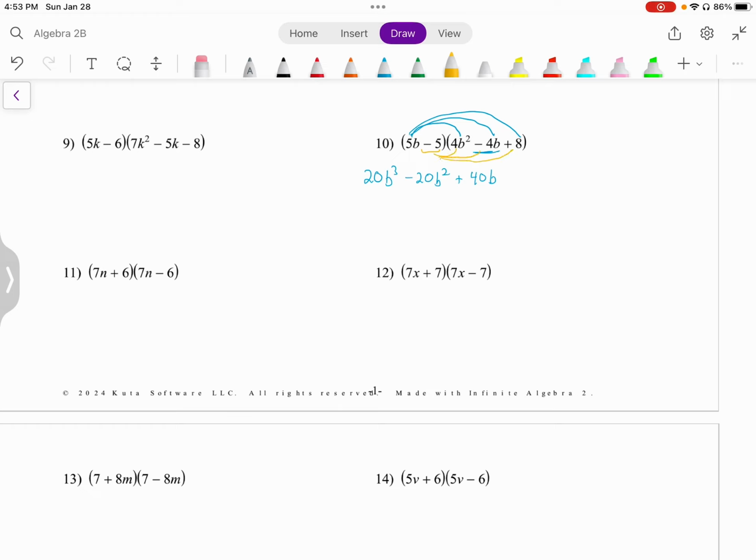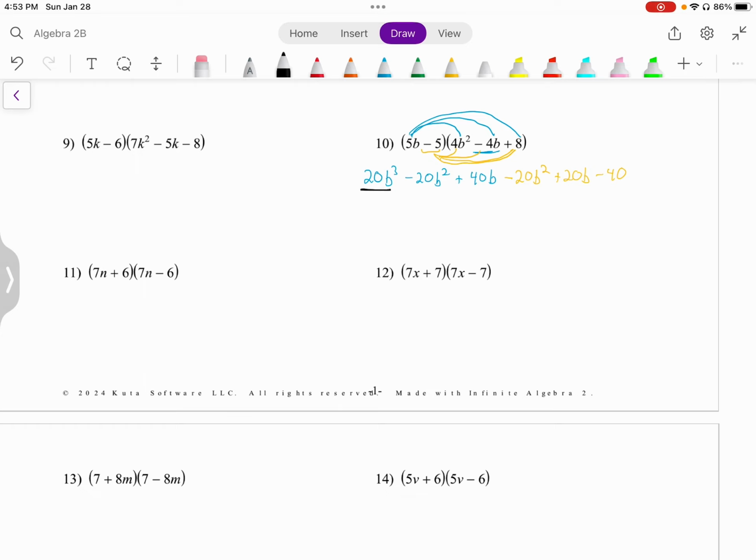So we have negative 5 times 4b is negative 20b squared. Negative 5 times negative 4 is positive 20b. And then negative 5 times 8 is negative 40. And then we look for like terms. Here is a b cubed, 20b cubed.